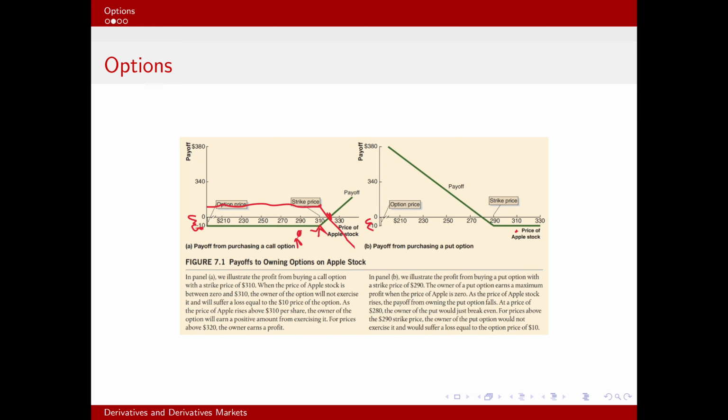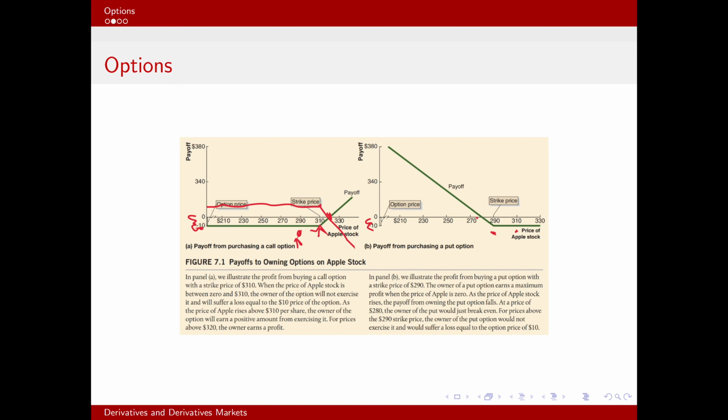So you would let it expire without exercising the option. Once it gets to $290, you would have it at the market price, so you're indifferent on whether or not you want to exercise your right to sell the stock.